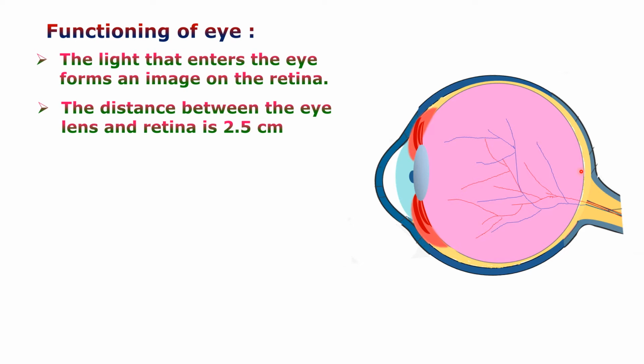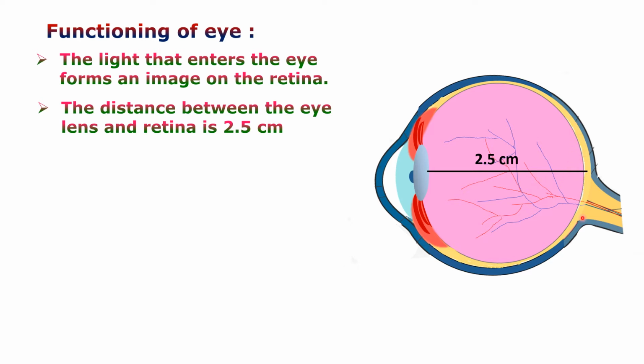The only way for images to be produced on the retina for objects located at different distances is for the focal length of the lens to be adjustable. Here, the distance between the eye lens and the retina is 2.5 centimeters. That means image has to be formed all the time on the retina only.